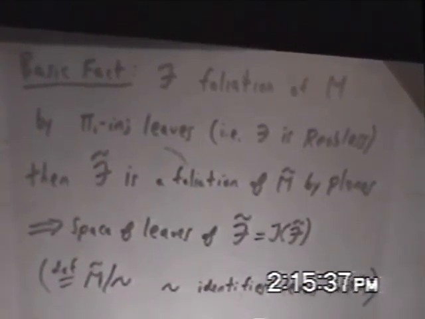So in the universal cover, if you have a foliation by pi1-injective leaves, for example, the foliations that come out of the rainbow foliations by Novikov, then the foliation in the universal cover is a foliation of a simply connected manifold by planes. And it turns out that the space of leaves of that foliation is a simply connected 1-manifold. So the point is, here you have a simply connected manifold, and it's foliated by planes.